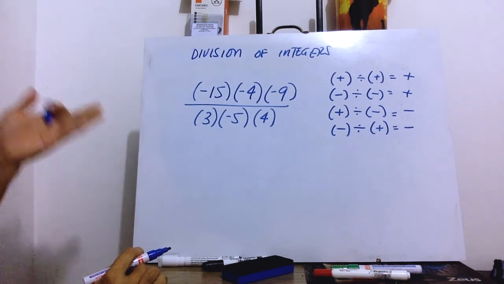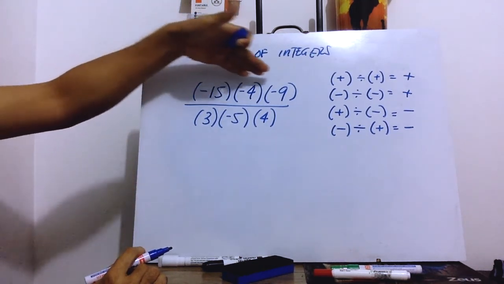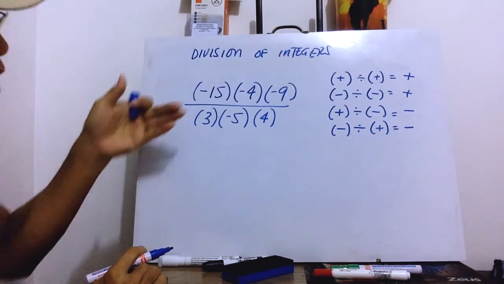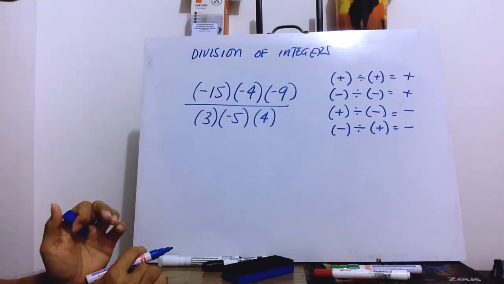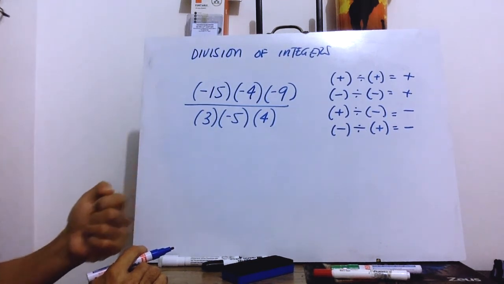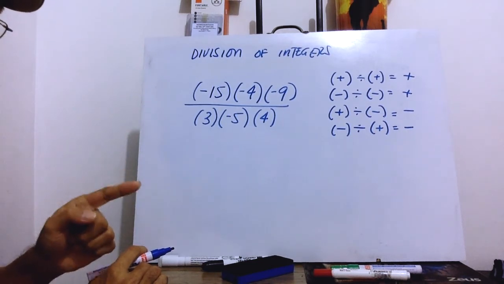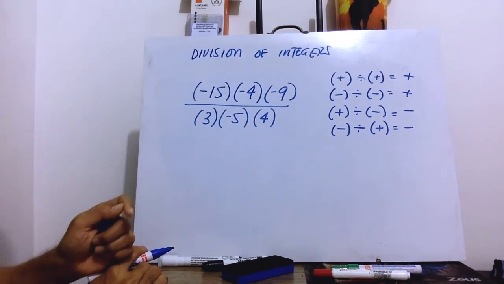Again, my advice to you is, as much as possible, do not multiply everything. If we can apply cancellation, like what I've discussed in my second video, you try to practice cancellation first, so to make it simpler. Unless your teacher allows you to use calculators, okay?